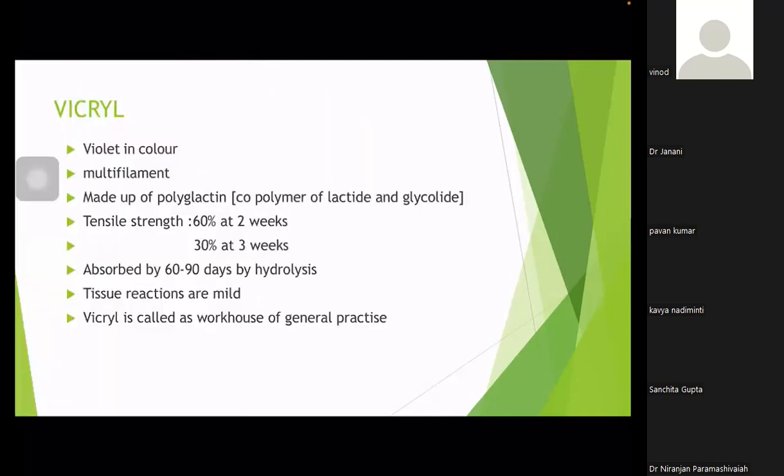VICRYL. VICRYL is a multifilament synthetic material, available in violet color and made of polyglactin. Tensile strength decreases by 60% at 2 weeks and 30% at 3 weeks, and it is absorbed by 90 days by hydrolysis.